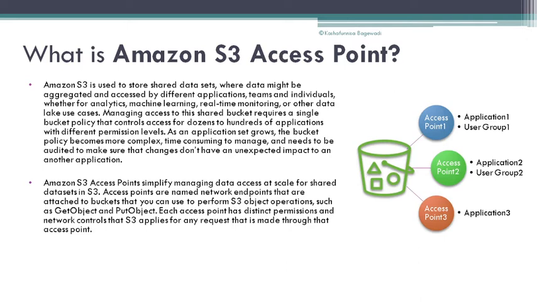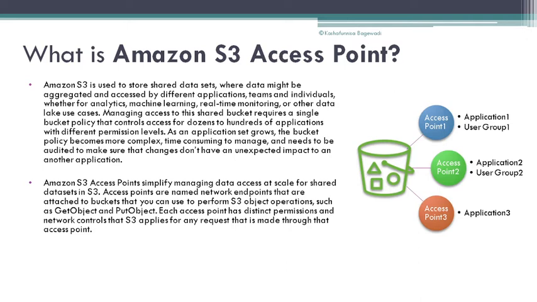So you can set individual bucket policy, bucket permissions. Instead of using a single bucket policy, you can create different permissions for each access point, and you can set network controls for each access point. Suppose for an access point you want to access your data sets from a VPC, you can configure it like that.